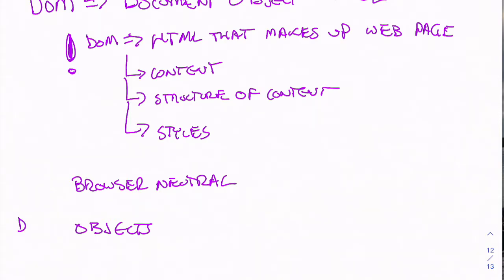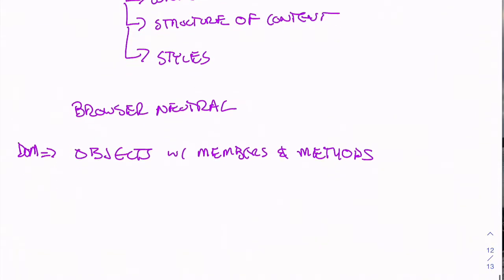So the DOM is essentially objects with members and methods. And we can use those members and methods to manipulate the document object model. All right, so I want to talk about one really important object that gets used a lot, and that is the window object.